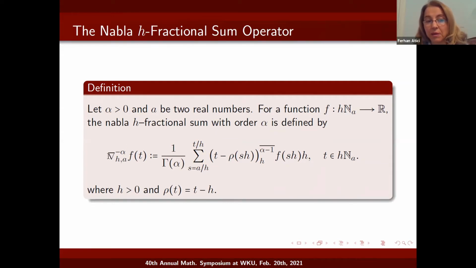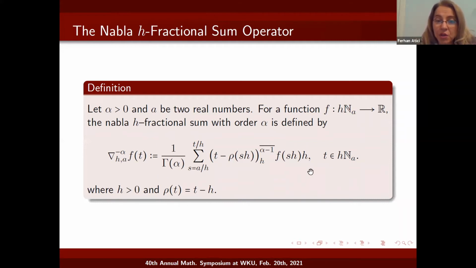So this nabla to the minus alpha means I am talking about an integral for this discrete calculus. And here alpha could be any positive real number. So I am talking about a half order integral, 1/3, 1.3 order integral.